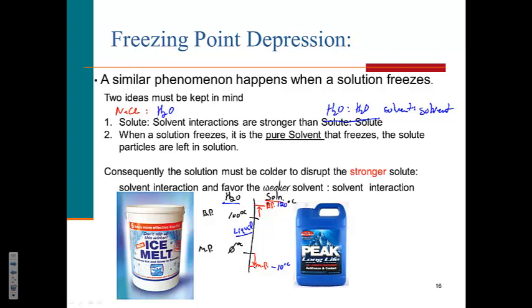I'm not sure what it would be in Celsius, but let's just say we've stretched out the liquid range of water from 0 to 100. Now it goes from negative 10 up to 120.